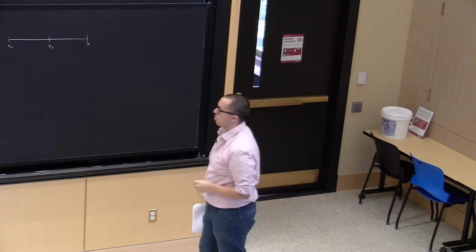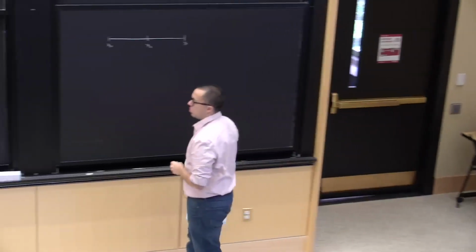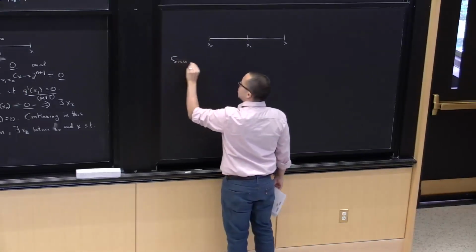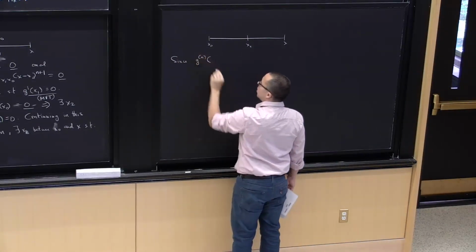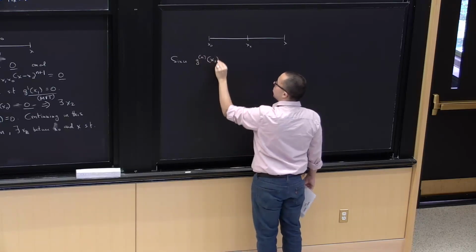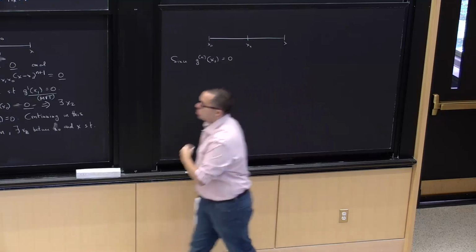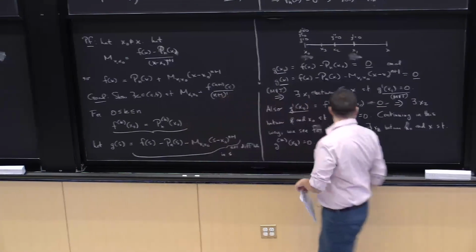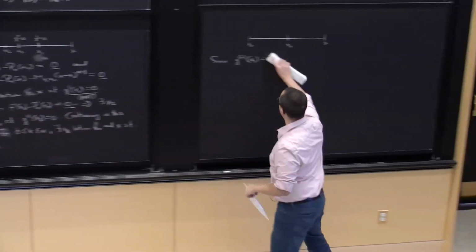So I'm just now going to repeat this argument one last time, and we'll see where that leads us. Since the nth derivative of g evaluated at x0 equals 0, again, this is coming from this relation here. So let me, in fact, write that again.